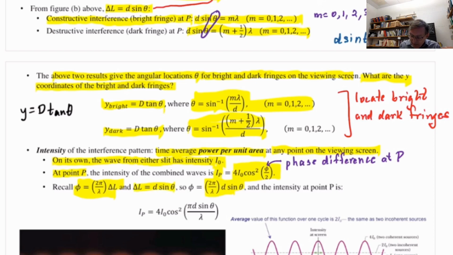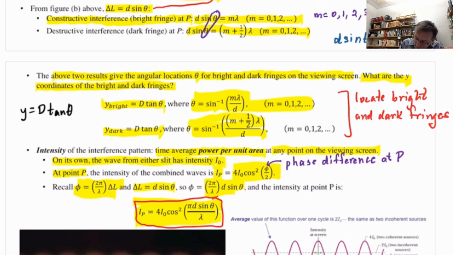If you put that in for the phi, note that's phi over 2, you get this result for the intensity of the light at point P, and we will use that: 4 times I0, 4 times the intensity from one slit, times cosine squared of pi, little d, the sine of the angle theta at point P over the wavelength.